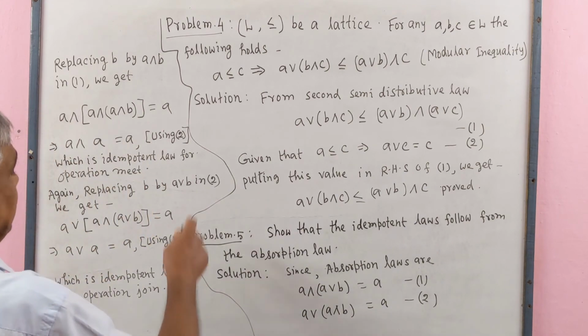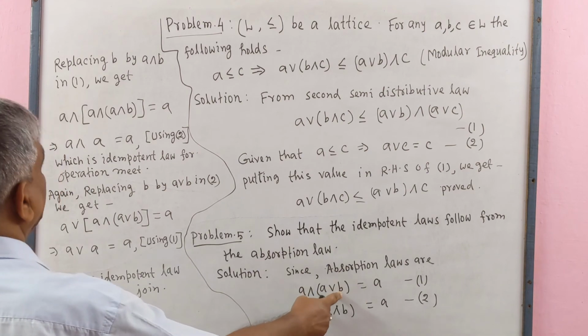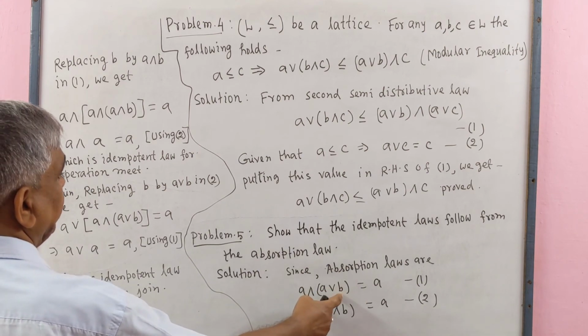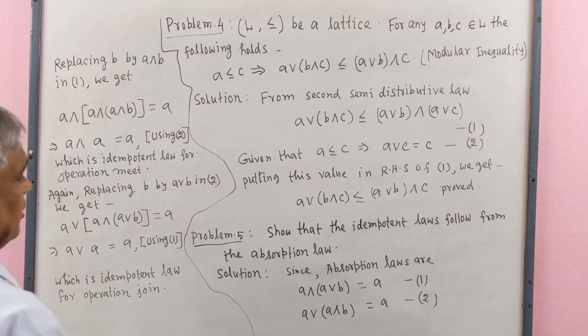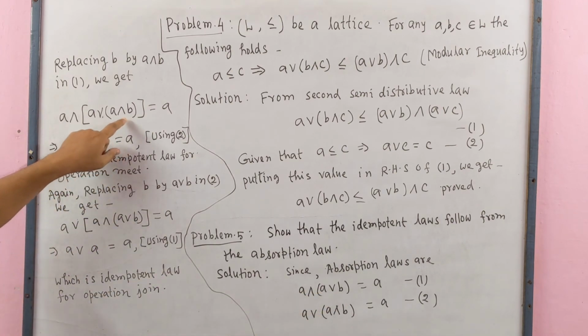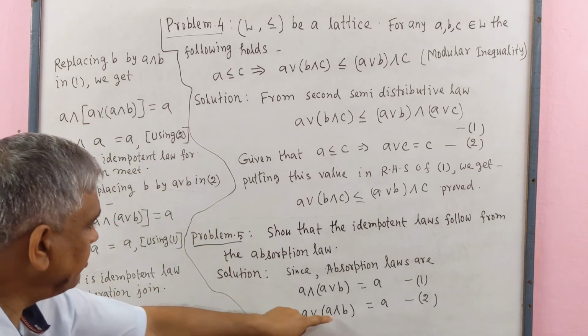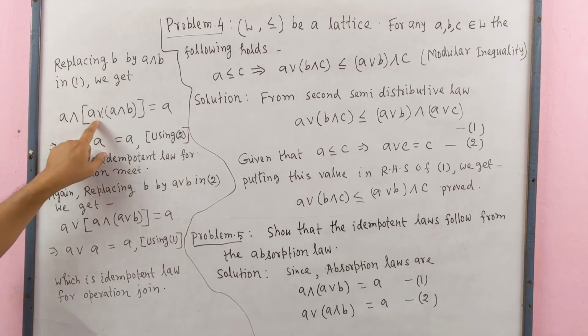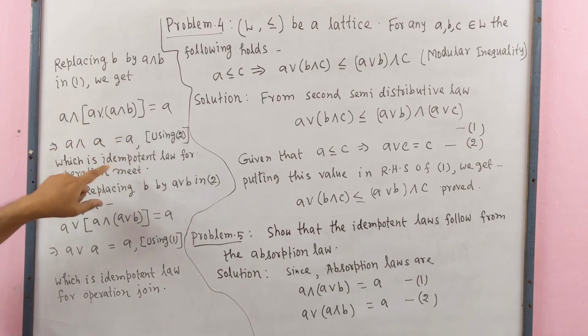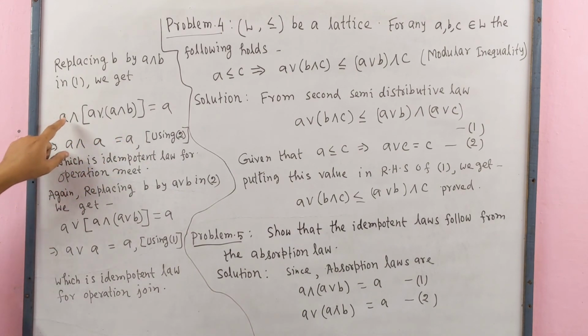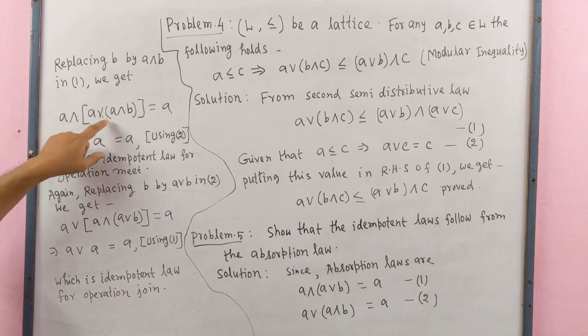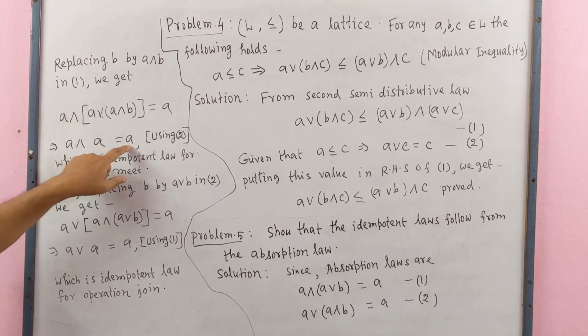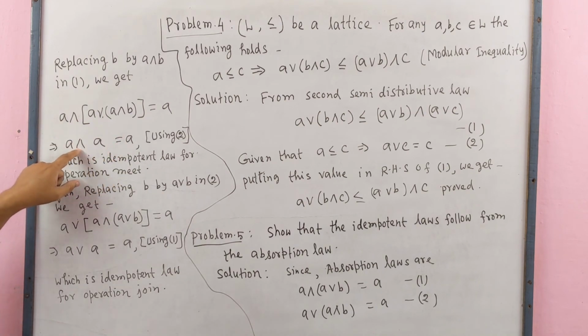Replacing B by A meet B in 1, we get A meet (A join (A meet B)). From 2, A join (A meet B) equals A, so in place of this we write A. So A meet A equals A.